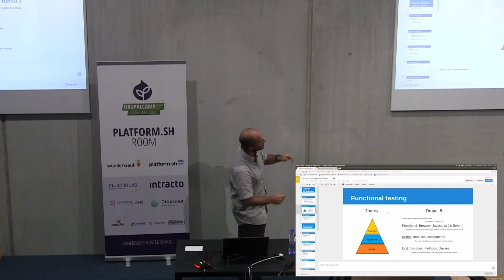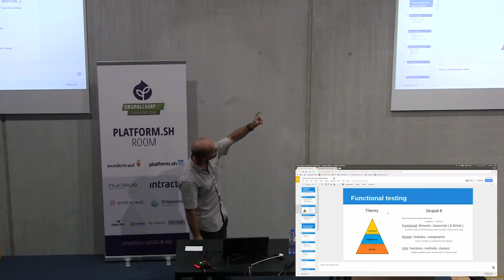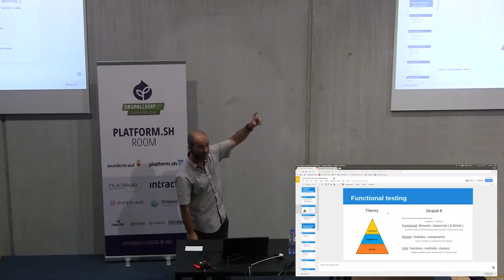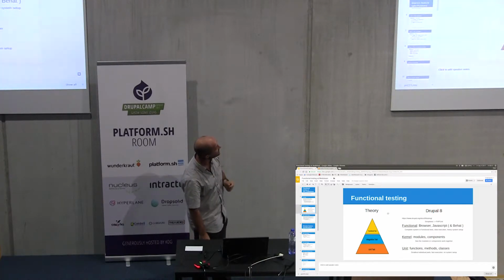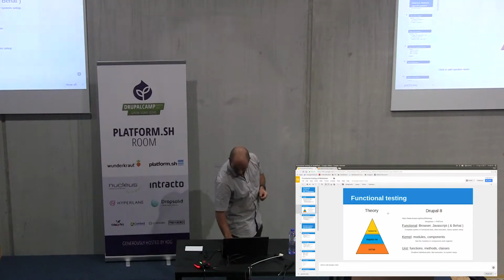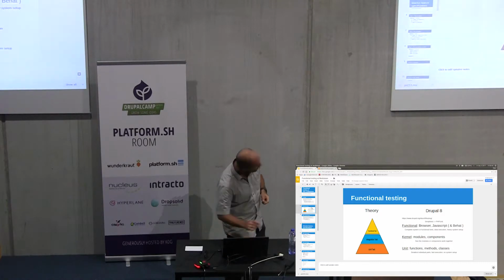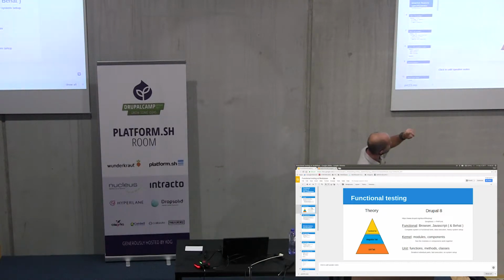I'll just give a little bit of explanation about those two and where functional testing is situated exactly. Unit testing is used for very small individual parts, your functions, your methods, your classes, very small things.